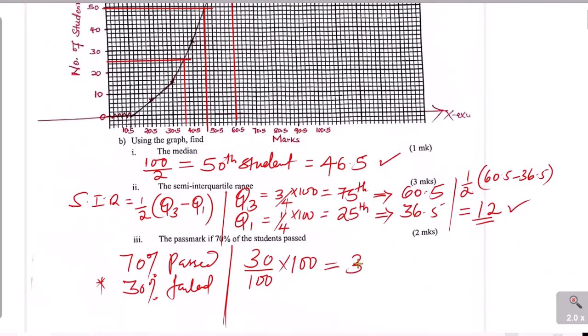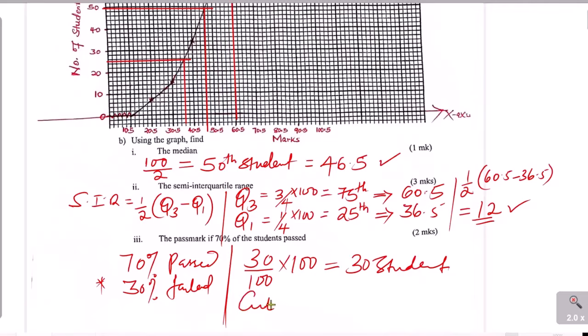So 30 students failed. So if 30 students failed, then the pass mark will be given by the 31st student.